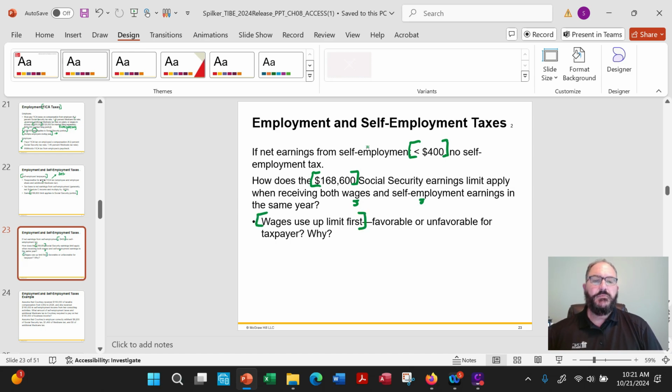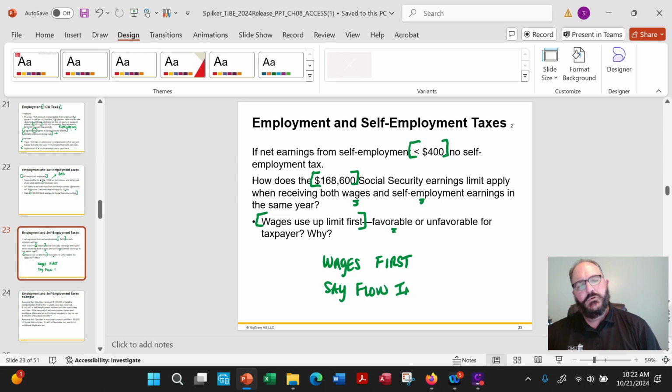That's favorable for the taxpayer, because this way part of that other income coming in doesn't wind up being taxed. So wages first, and it's favorable.